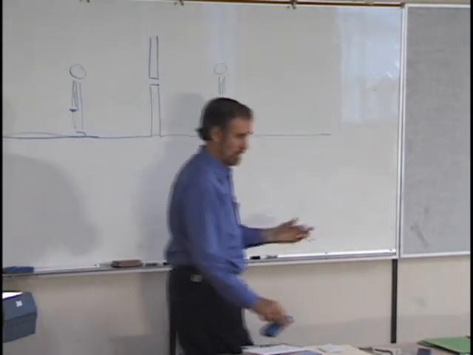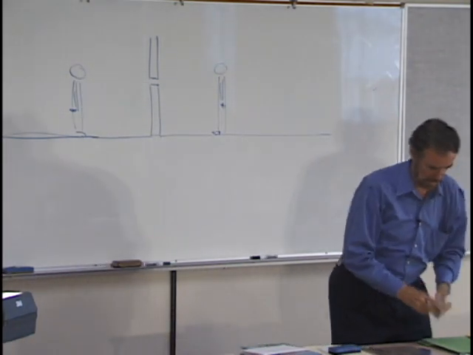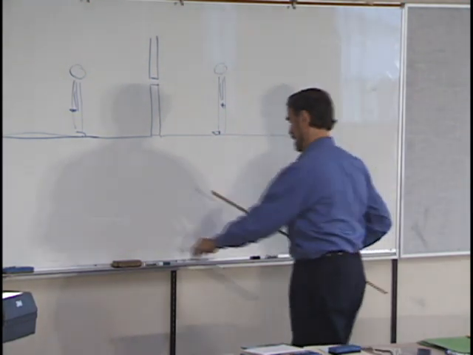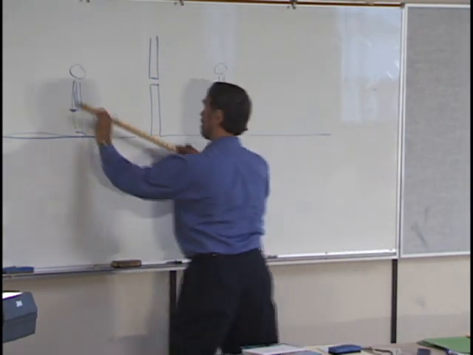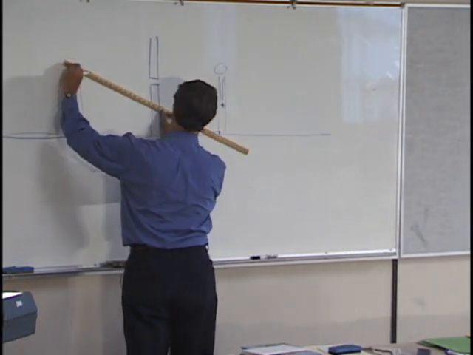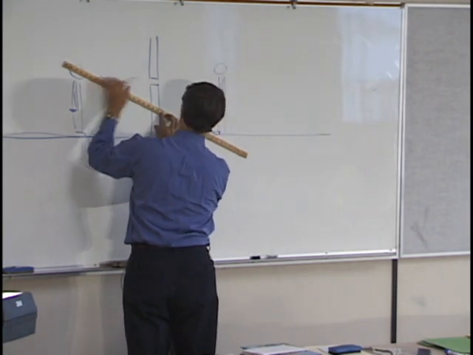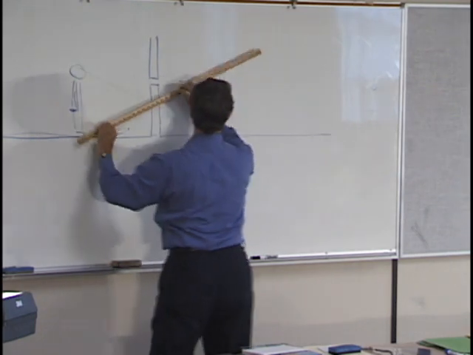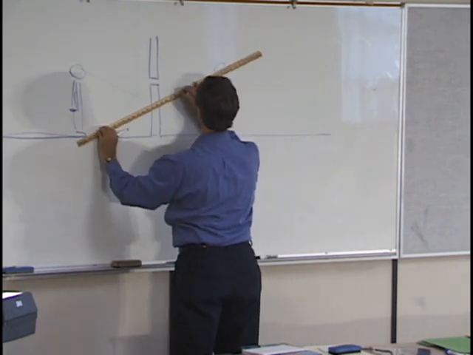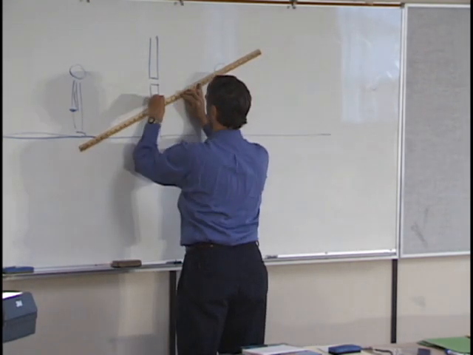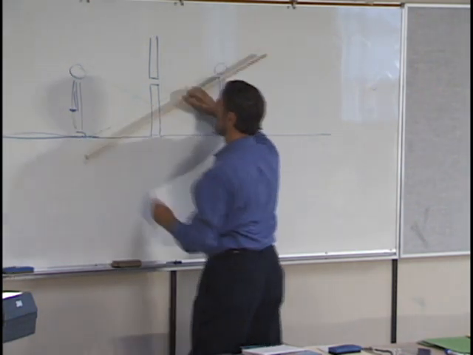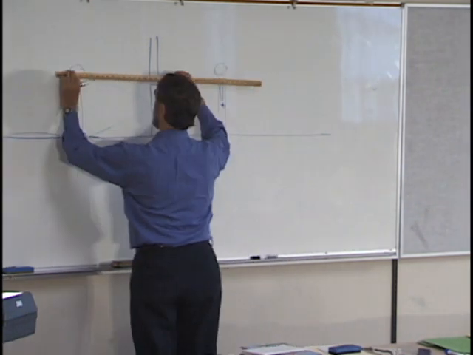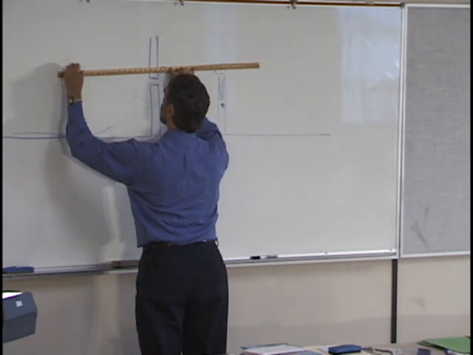In fact, how big could the opening be so that this person could see the toes? Well, all you do is you just draw straight lines. This person wants to see the toes. Line of sight would come right in there. Wants to see the top of the head, it would look like this.